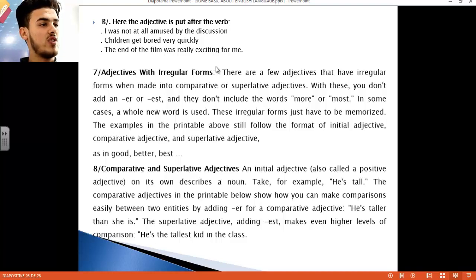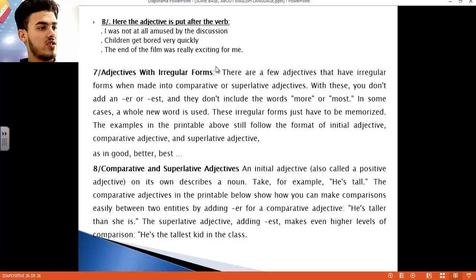In some cases, a whole new word is used. These irregular forms just have to be memorized. The examples in the printable above still follow the format of initial adjective, comparative adjective, and superlative adjective. Like the word good, it will become better, and best in the superlative form.